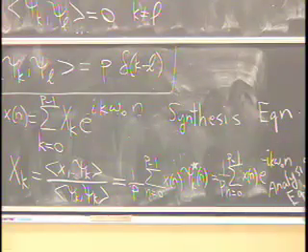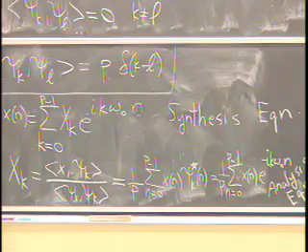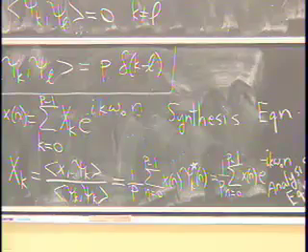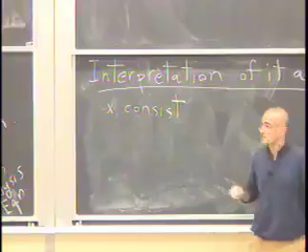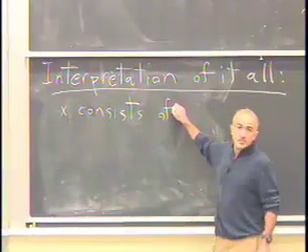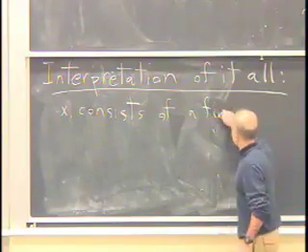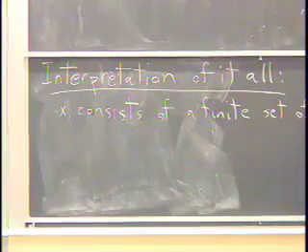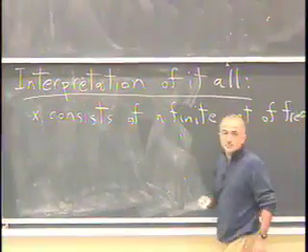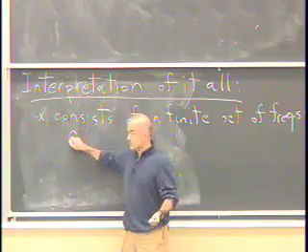The synthesis equation says you've got a signal, you've decomposed it into a combination of complex exponentials, but these are not arbitrary complex exponentials. What this equation says is that the signal x consists of a finite set of frequencies. And what are those frequencies? Lowest one: 0.